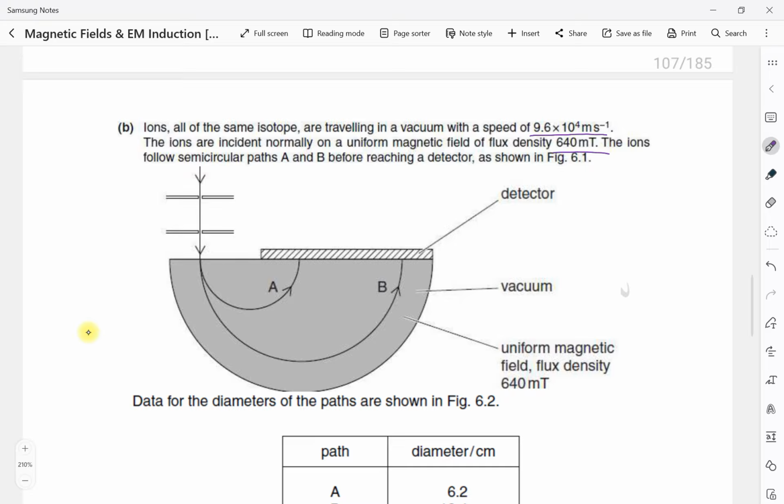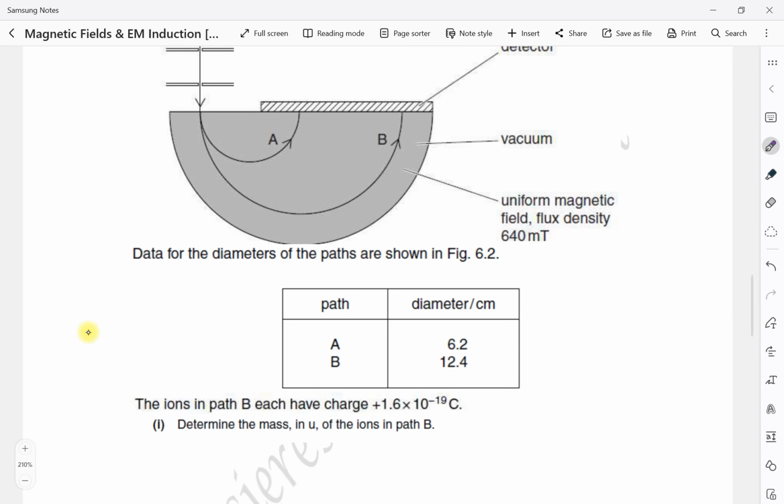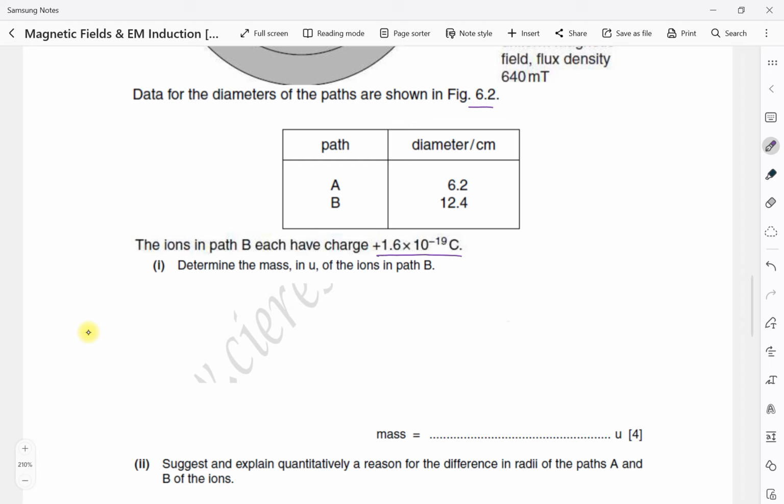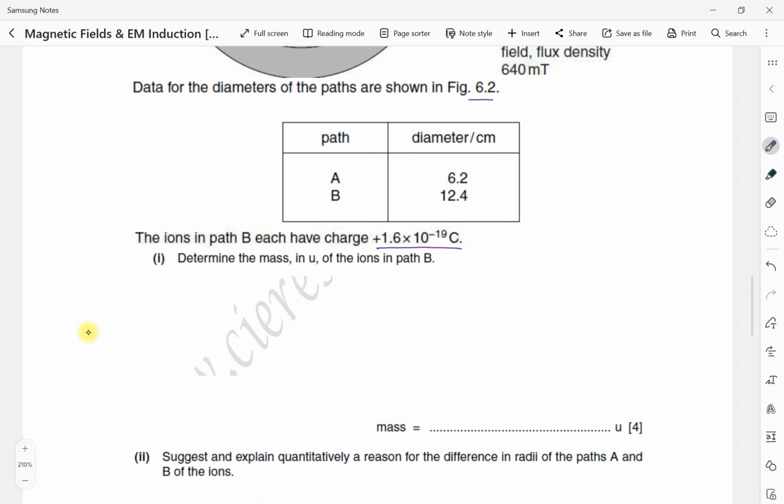The ions follow semicircular paths A and B before reaching a detector, as shown in the figure. Data for the diameter of the paths are shown in the figure. The ions in path B each have charge positive 1.6 times 10 to the power of minus 19 coulombs. Determine the mass in U of the ions in path B.